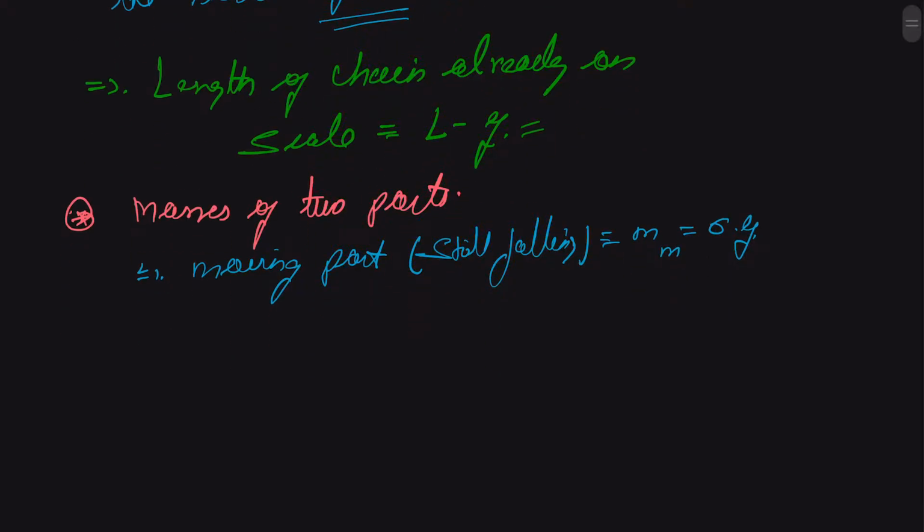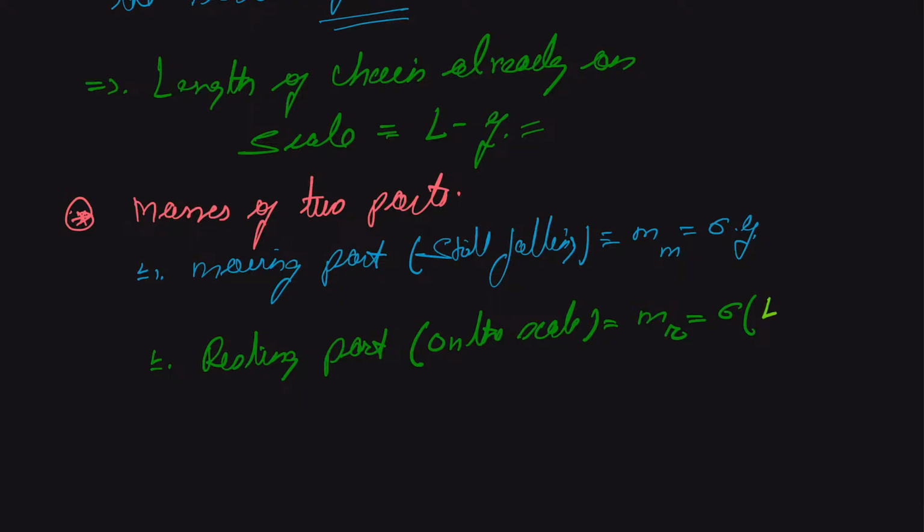And the second part is the resting part that is on the scale. Let us call this m_r, r is for rest. Then it is its linear mass density multiplied by the length that is on the scale, that is L minus y.